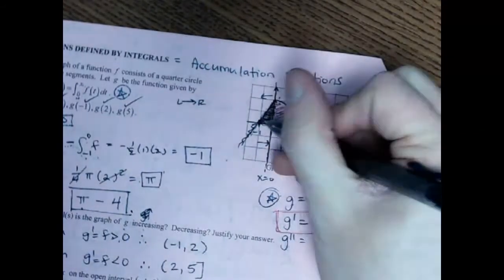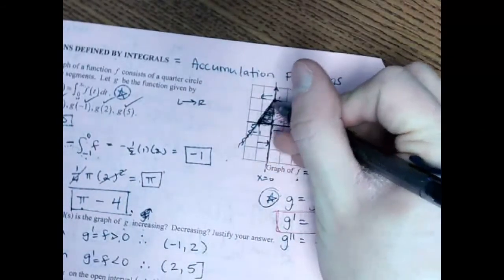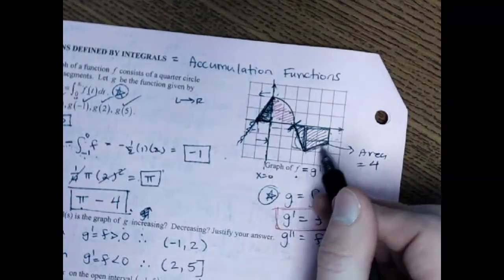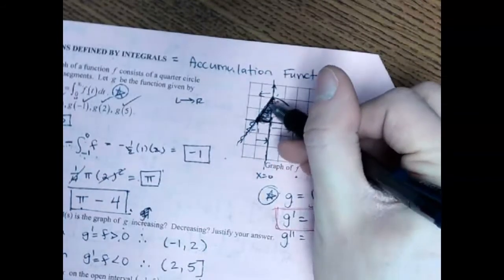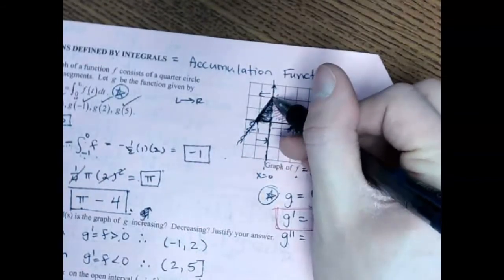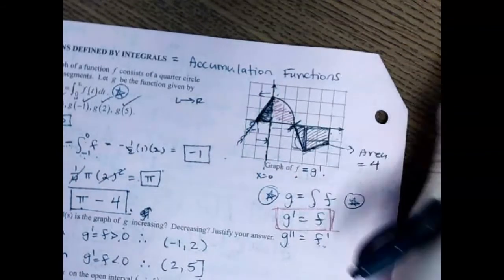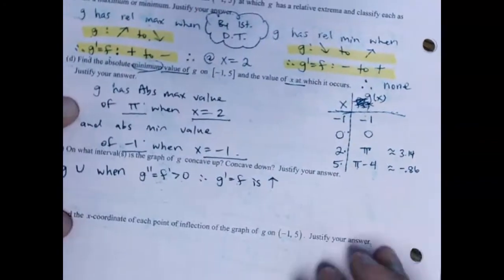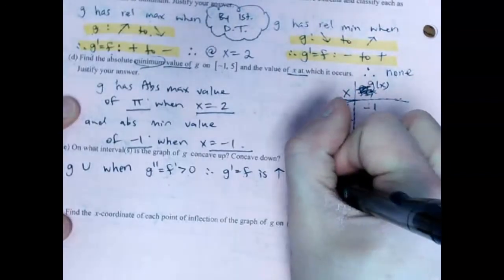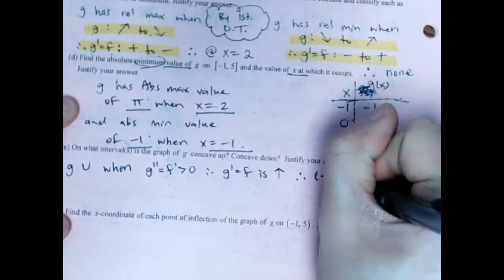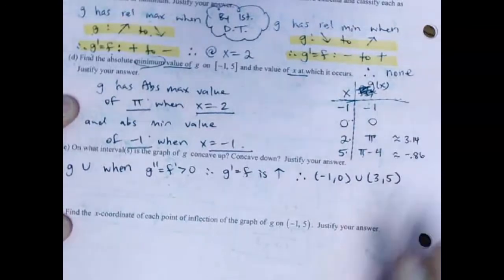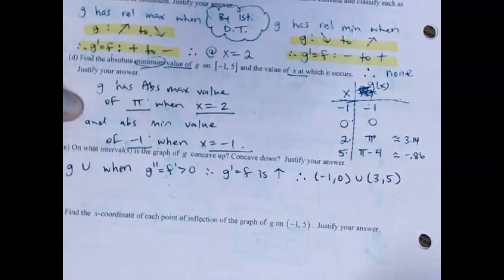And this graph has a positive slope in the interval from -1 to 0, because this little piece is increasing, and then also from 3 to 5. Therefore, -1 to 0 and 3 to 5.